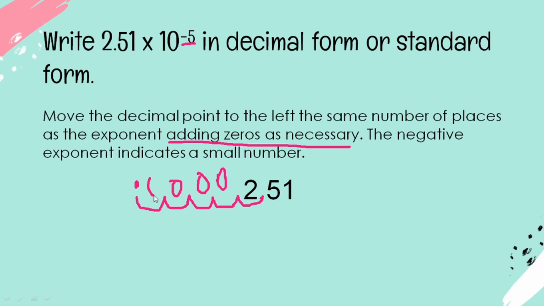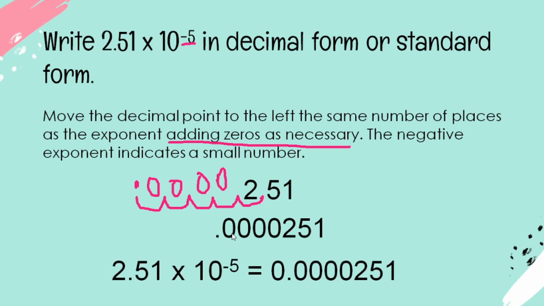So, ilang 0 ang na-add natin? 4. Tama? So, ganito na yung itsura niya. 0.0000251. Now, therefore, ang ating 2.51 times 10 raised to negative 5 ay equal sa 0.0000251. So, yun yung writing the scientific notation sa ating standard form or yung decimal form.